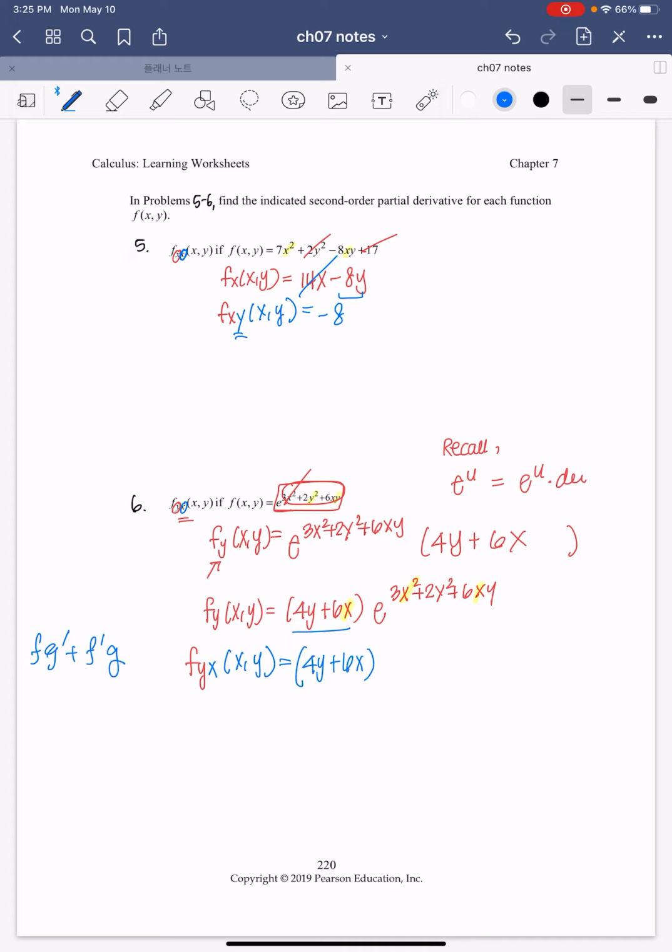Now the derivative of this function with respect to x is similar to this one. So it will be e raised to 3x squared plus 2y squared plus 6xy. But with respect to x, I'm going to have 6x constant, so they disappear. And then 6y. So that will be my first part.